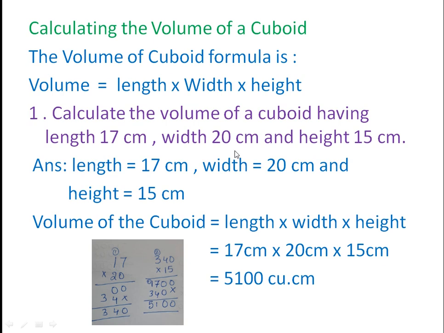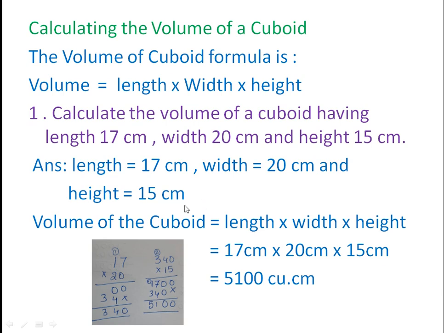Here is one small example: calculate the volume of a cuboid having length 17 centimeters, width 20 centimeters and height 15 centimeters.